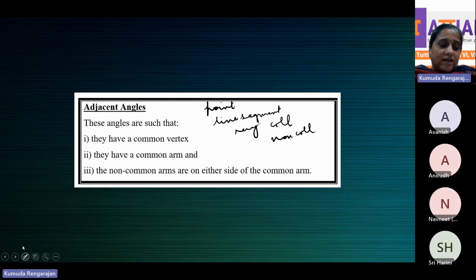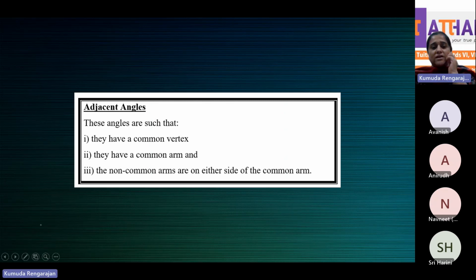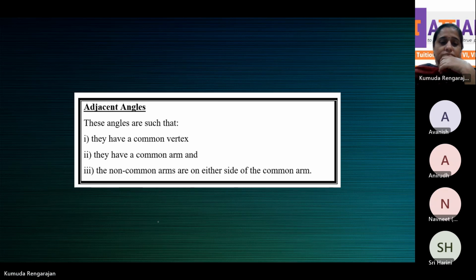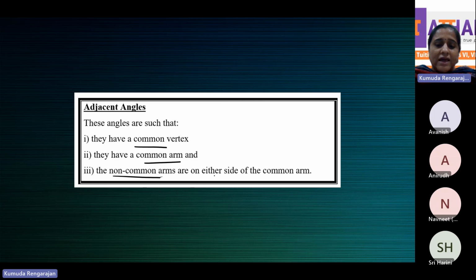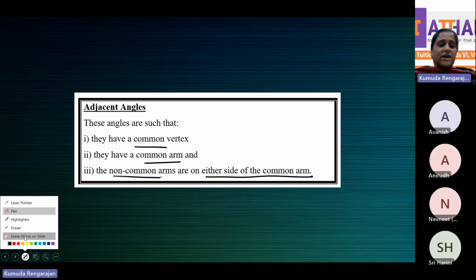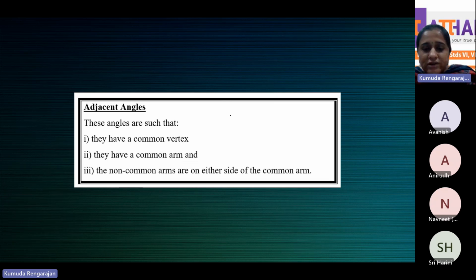Now adjacent angles. What are adjacent angles? If two angles have a common vertex, a common arm, and if their non-common arms lie on either side of the common arm, then these two angles are called adjacent angles. Let me just draw a figure for that.